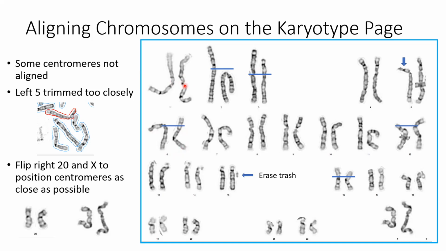The reason that's important to a director who's reviewing the case is that when the centromeres are lined up, it is so much easier to compare, because you have to do a band by band comparison of both homologs before you can clear that chromosome and say there's nothing structurally wrong with it. So it's much easier when the centromeres are lined up and the chromosomes are oriented so that the majority of the chromosome is close.